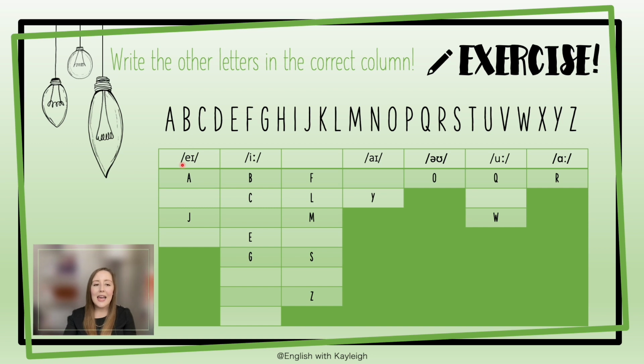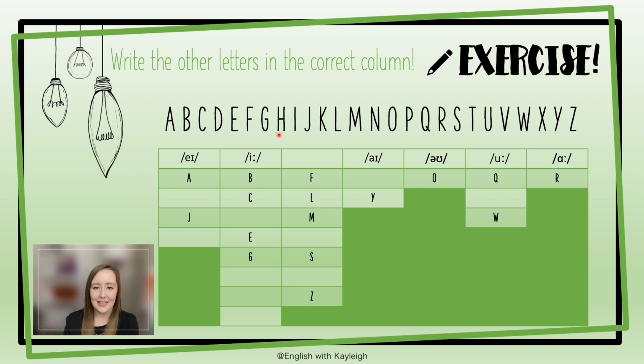We have A. So we have the letter A and J. Can you find two more letters that fit here? Let's try one together. Let's look at this one here.